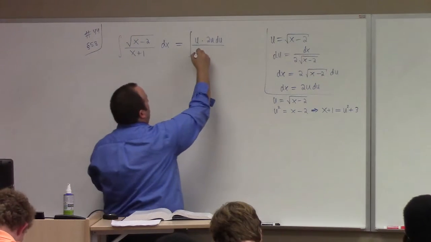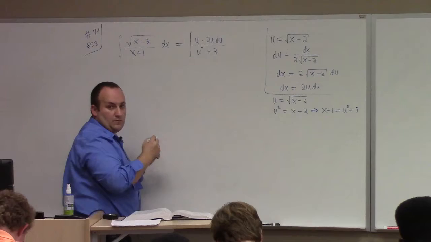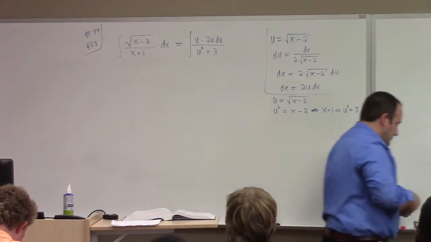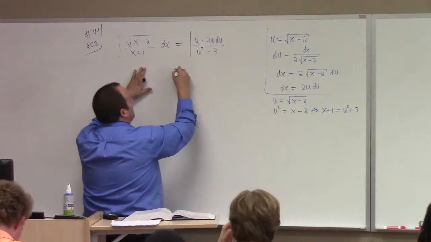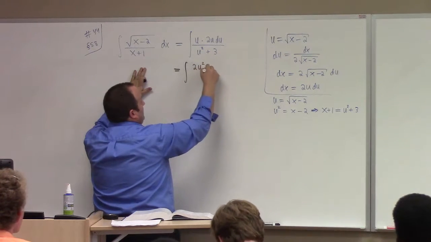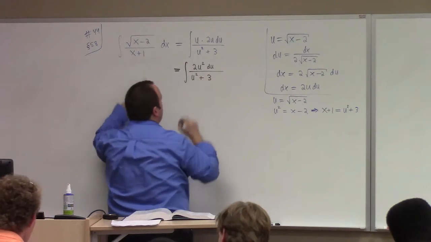So this is apparently u squared plus 3. All right? So that is the integral of twice u squared du over u squared plus 3.